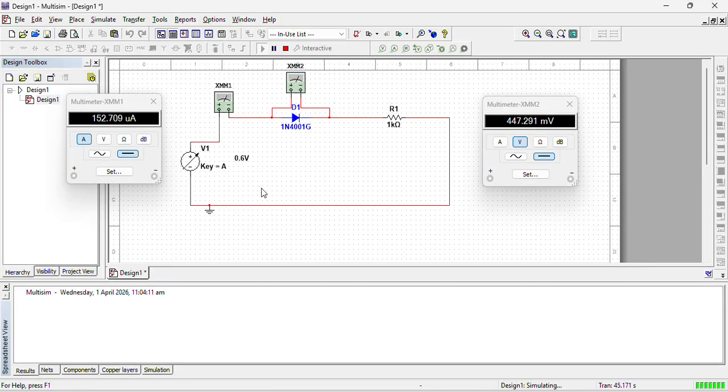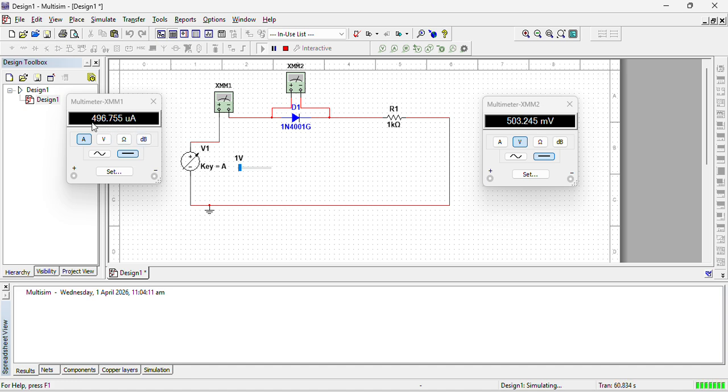Okay, now at 0.7 volt, this is the point from where the diode will start its conduction, and we can see it from the value of current. At this point, the current is still in microamperes, which is negligible. Now at 0.8 volt, 0.9 volt, and 1 volt, the current has increased.